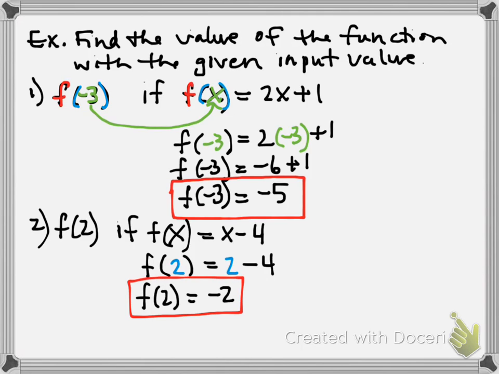Okay? So I want you guys to try this third one on your own. Find the function at 11 if, of course I'm going to give you a tricky one. Here, I'll write it below here. If the function at x is equal to 1/2 x plus 5.